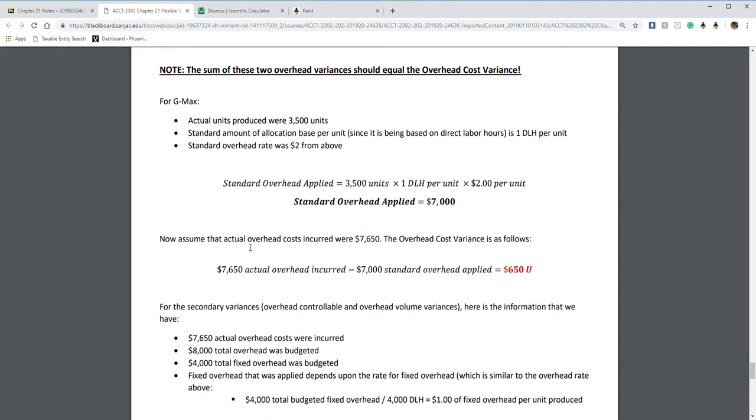Now we're going to assume that the actual overhead cost incurred was 7,650. So our overhead cost variance would be the actual overhead, 7,650, minus our standard, and it's 650. Again, this is positive, but falls on the line as unfavorable. Overhead likes to switch things.